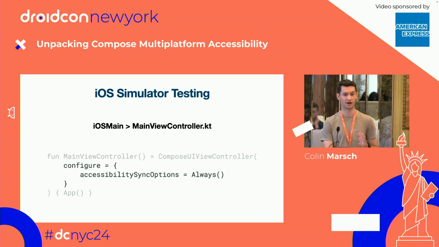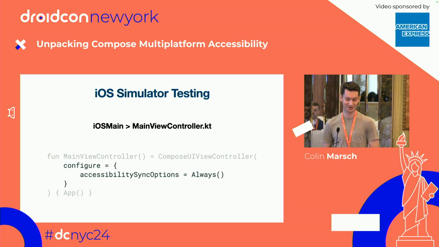If this is not enabled, that lazy updating of the accessibility tree on iOS applies. And since you are running the iOS simulator with Accessibility Inspector on your machine, unfortunately, this is not detected as an assistive technology being registered at the moment.